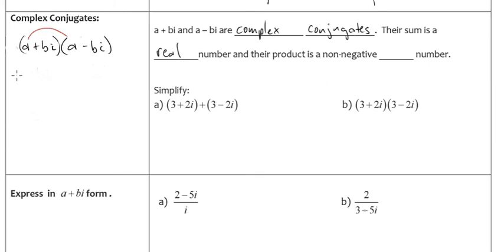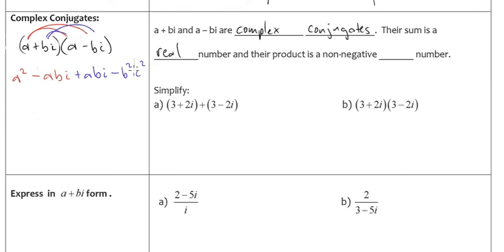A times a is a squared. A times negative bi is minus a times b times i. Next we have bi times a, so plus abi, and lastly bi times negative bi, which is going to be minus b squared i squared.